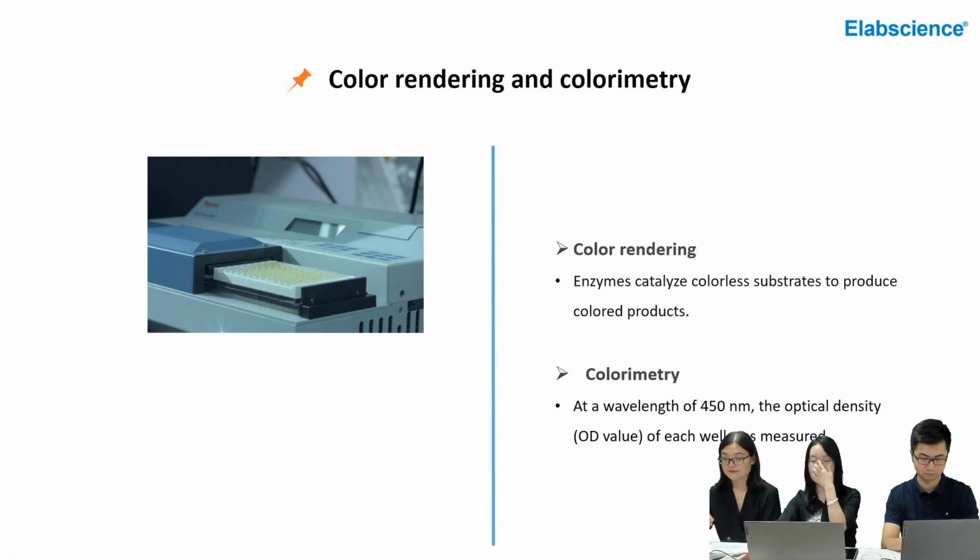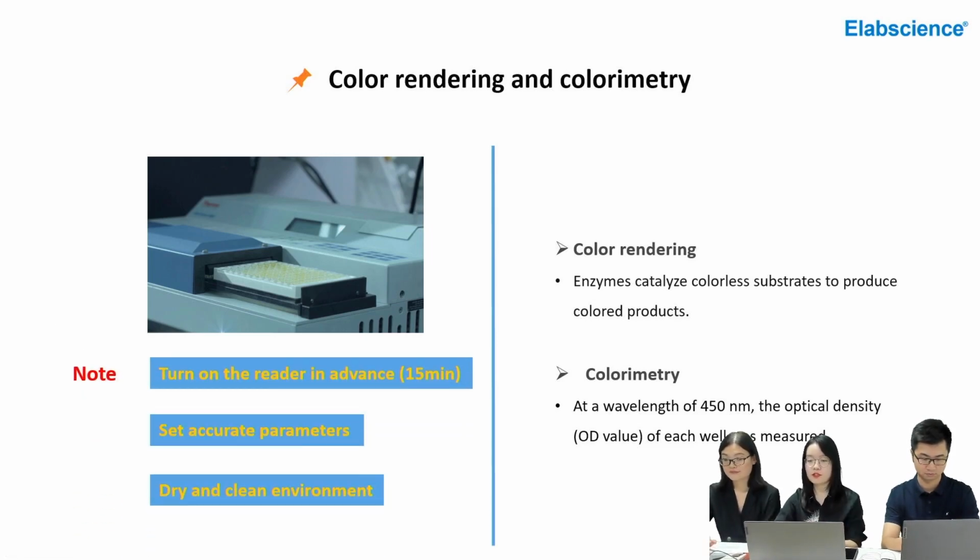Before sample detection, the microplate reader should be turned on 15 minutes in advance to warm up, and the parameters set completely. At the same time, pay special attention to the bottom of the ELISA plate, and ensure that it is dry and clean.